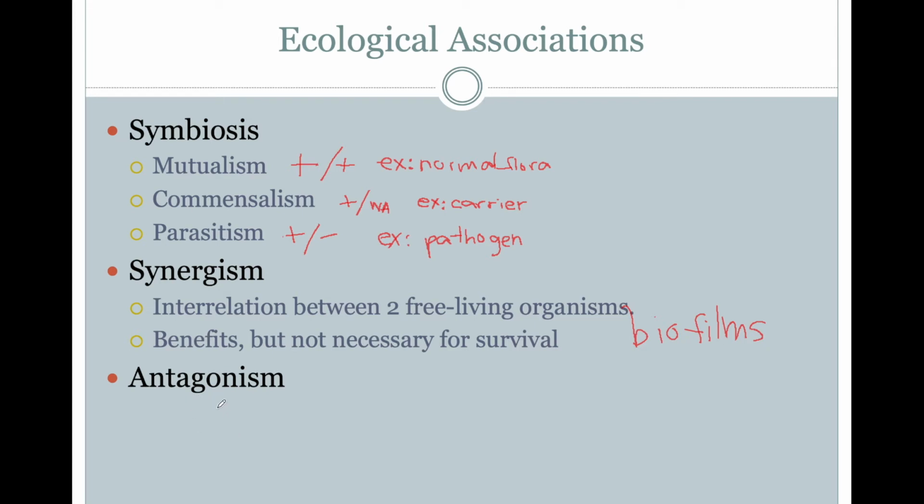Great examples of where you might see antagonism are things like antimicrobials. We talked about a few of these already. Like reuterin, we've talked about.